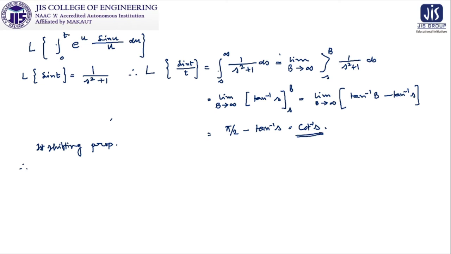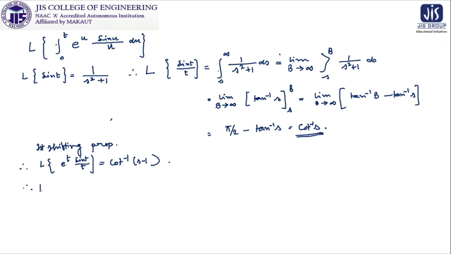Because e to the power t is multiplied there. We can write the Laplace transform of e to the power t sin t by t as cot inverse of s minus 1, just replacing s by s minus 1 according to the first shifting property.